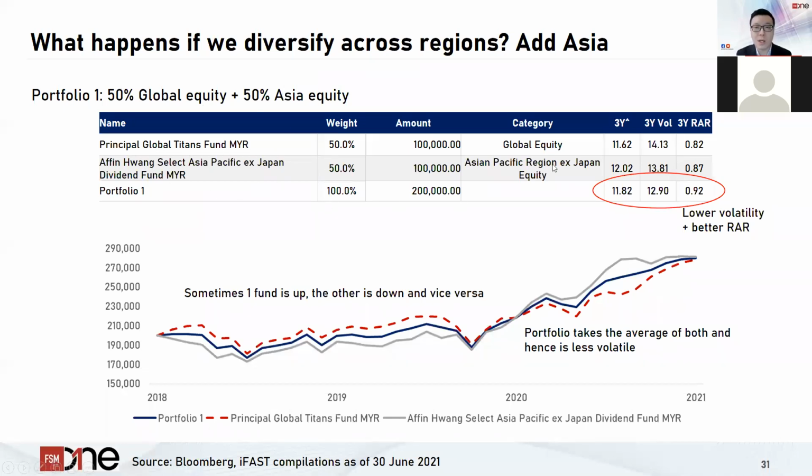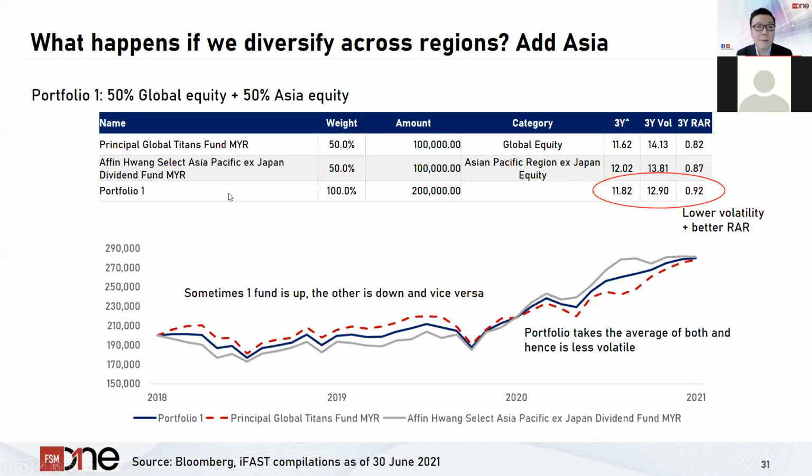You can see here the Global Titans Fund has similar statistics from before, but now we added this Asia equity fund. It produced 12% per annum return in the past 3 years. The standard deviation is 13.8, which are similar statistics compared to the Global Equity Fund here. And the risk-adjusted return for the individual fund is 0.87.